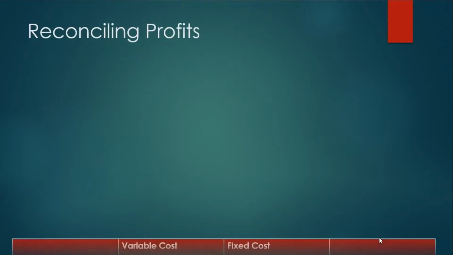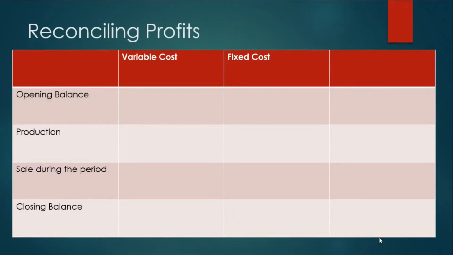So let's see. We have this small table, and I have variable cost, I have fixed cost, I have opening balance, production, sales during the period, closing balance. What the statement says is that if inventory level increases from the start of the period to the end of the period, it means closing balance here is more than opening balance.